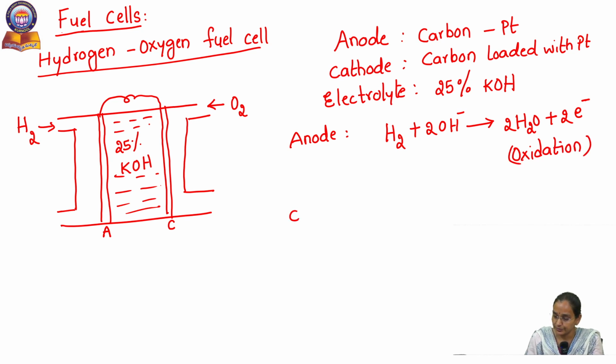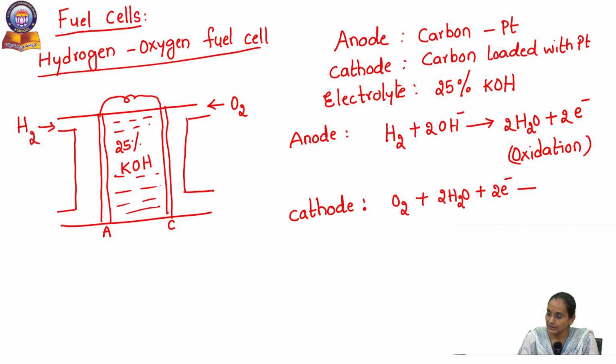And at cathode, oxygen gas is passed. So this oxygen reacts with the water molecule and electrons from the anode, and it gives hydroxide ions again. This is reduction.